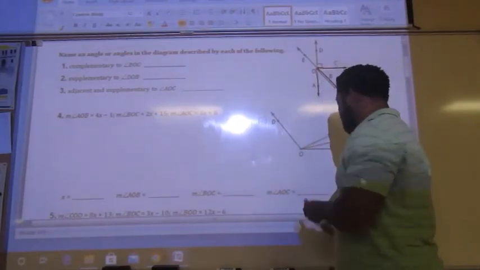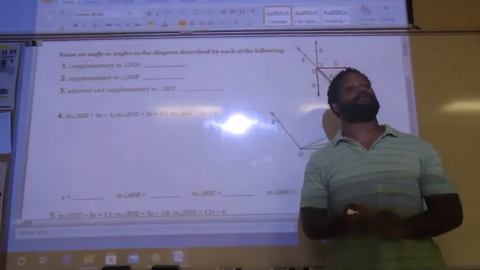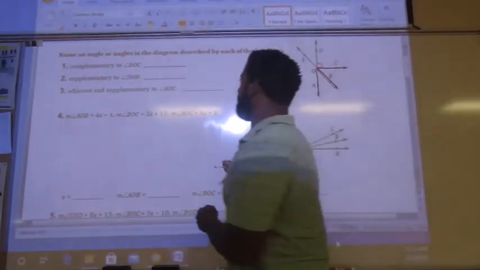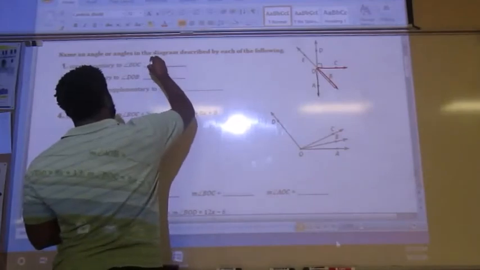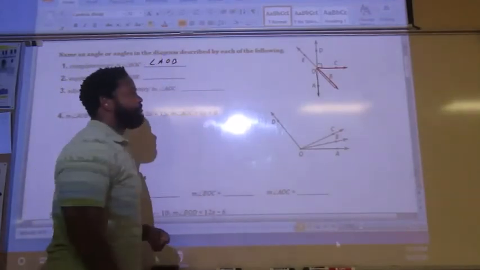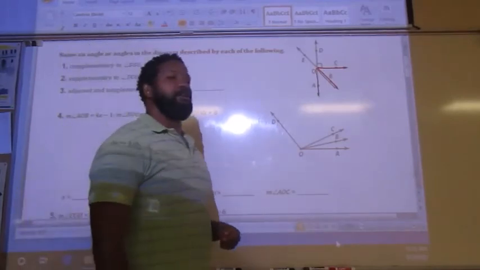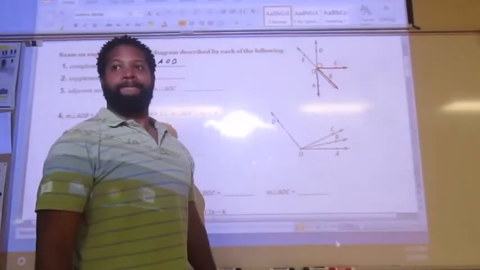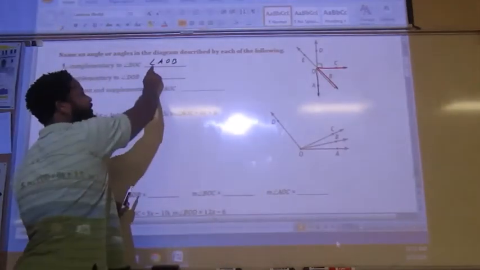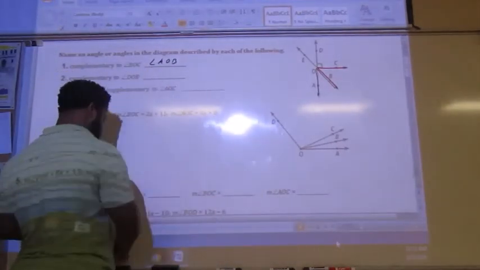They are complementary because part plus part equals how much? 90 degrees, yes. Angle AOB is complementary with BOC. This sign right here means angle. Okay?